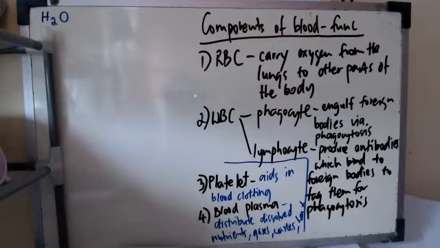And then waste, it will probably bring waste from the body cells to the liver to be broken down, and to the kidney to be excreted. Okay, heat, it will likely carry heat from the liver. Liver is our main organ that produce heat.